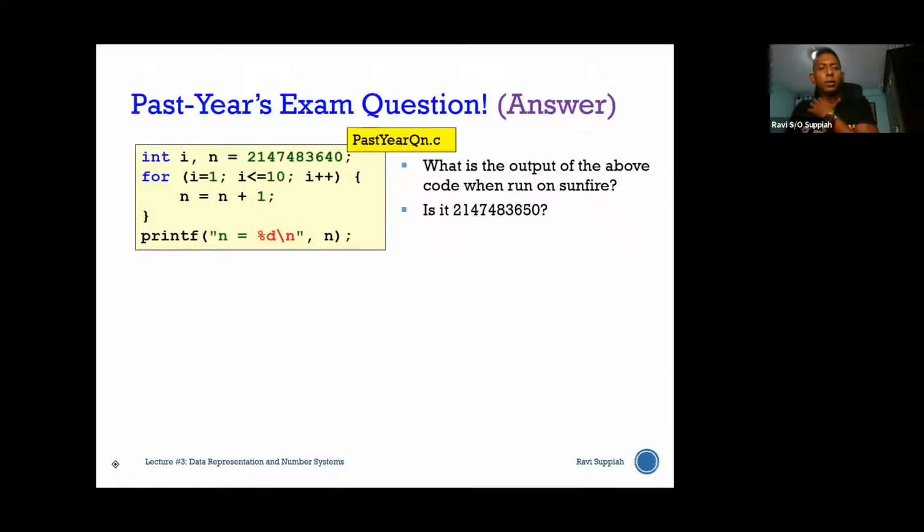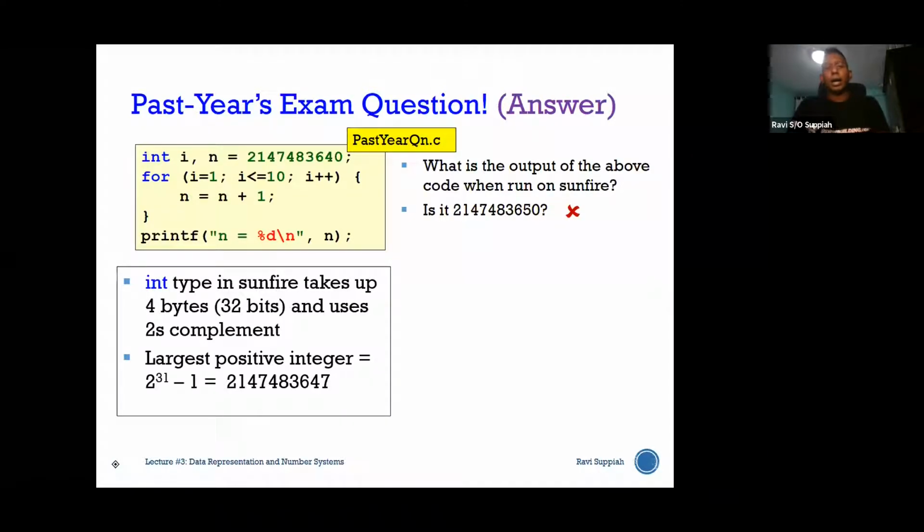Okay, so now coming back to this question that we saw earlier. What is the output? The output here is that the last 2 digits become from 40 to 50. The thing you must understand is that when you declare a variable, there is a size associated with it, which is the number of bits used to represent this number.